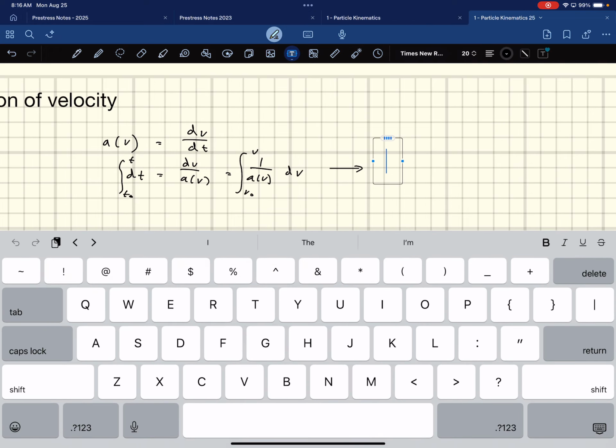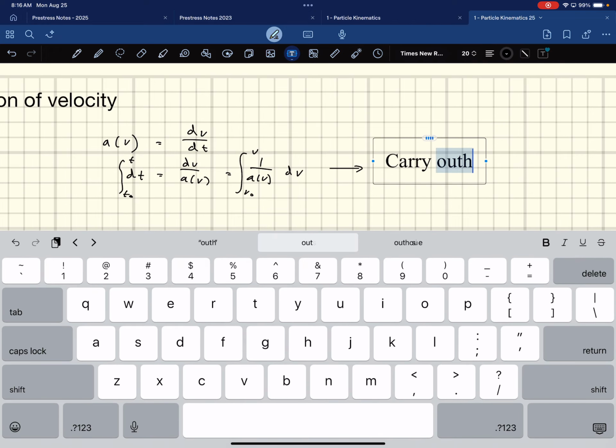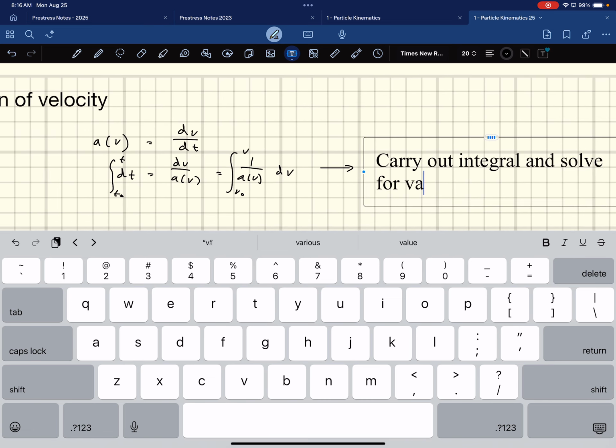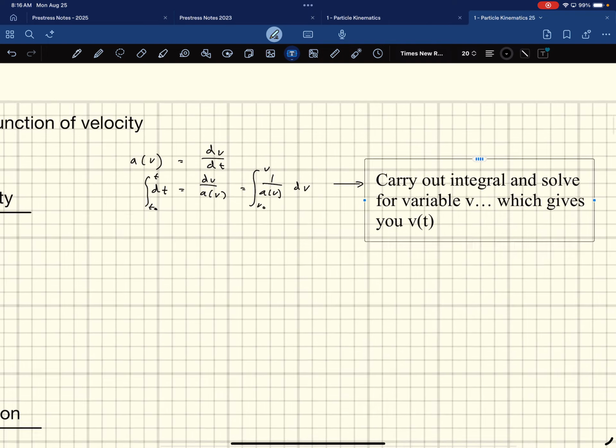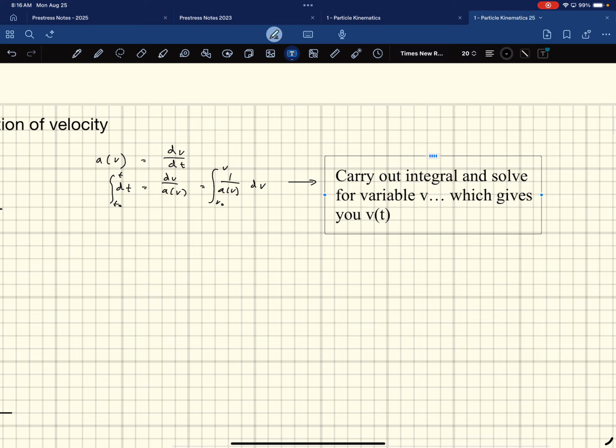What we're going to do here is carry out the integral and solve for the variable v, which gives you v as a function of time. We'll do this as an example so you can see it play out.